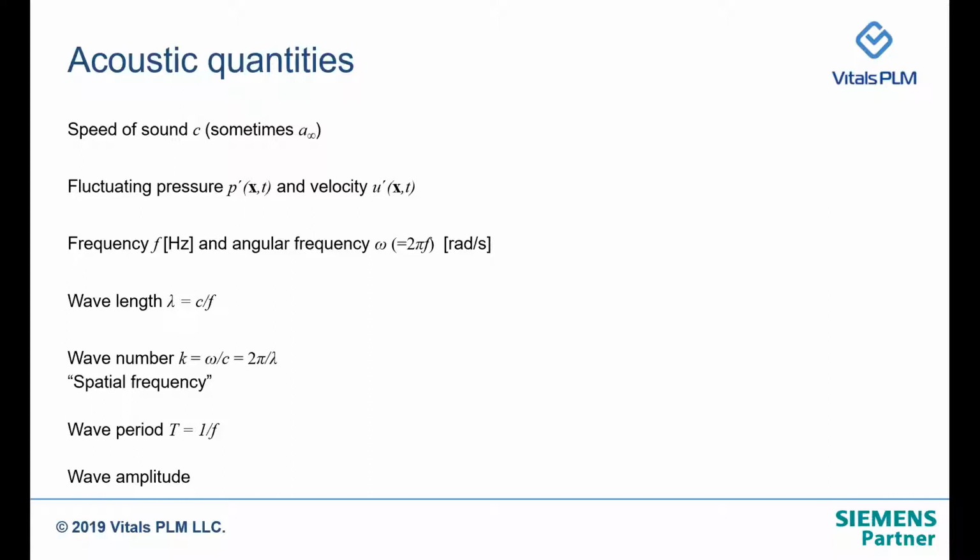The wavelength is the ratio of the speed of sound to the frequency, and the wave number, which is called the spatial frequency, is defined as the ratio of the angular frequency to the speed of sound. Opposite to the frequency is the wave period, and we have the wave amplitude.